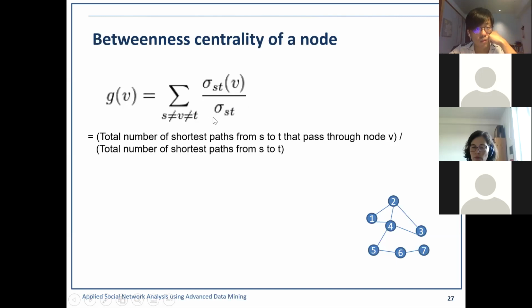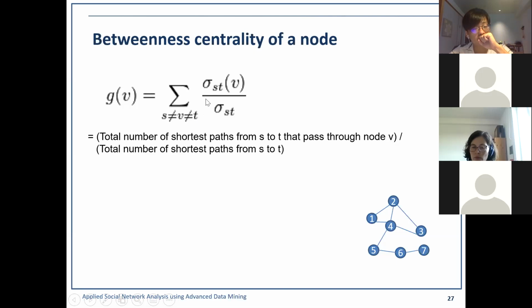And here I have a ratio. In the numerator, I have the total number of shortest paths that go from node S to node T and pass through node V. In the denominator, I have the total number of shortest paths that go from S to T. For example, I choose S equal to 1 and T equal to 2.